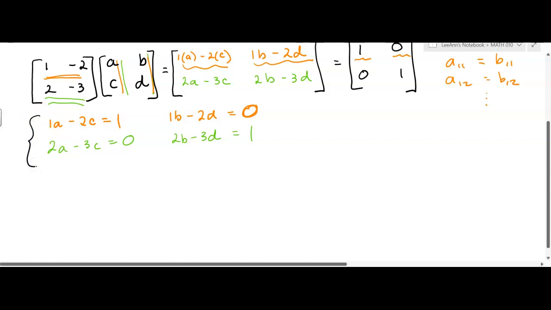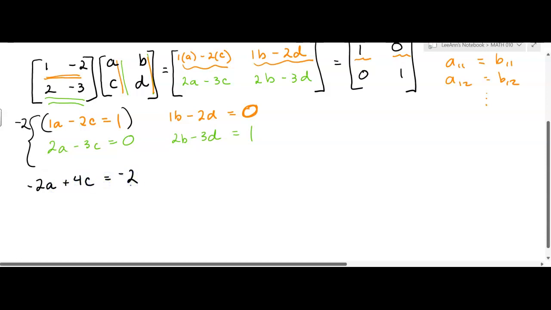I've got A and C in both equations, and I'm going to work to find A and C. I'm going to multiply the top one by negative 2. So I get negative 2A plus 4C equals negative 2.